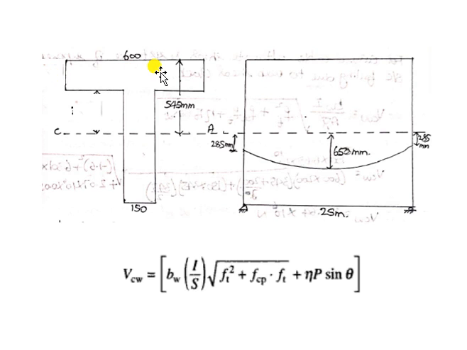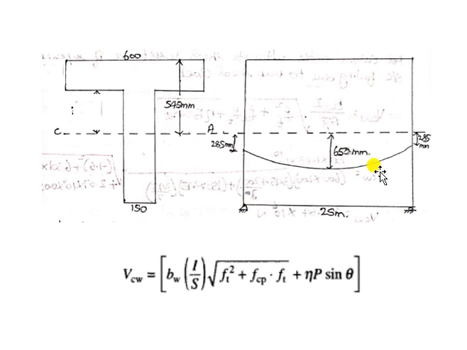It is also given that from the top edge of the member the centroidal axis lies at a distance of 545 millimeter. So from the top the centroidal axis is 545 millimeter, and the thickness of the web is 150 millimeter, and this is the longitudinal view. The span of the girder is 25 meter.